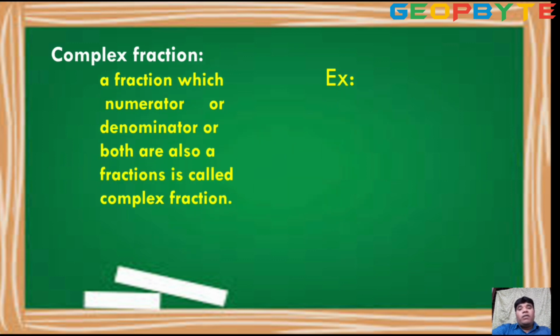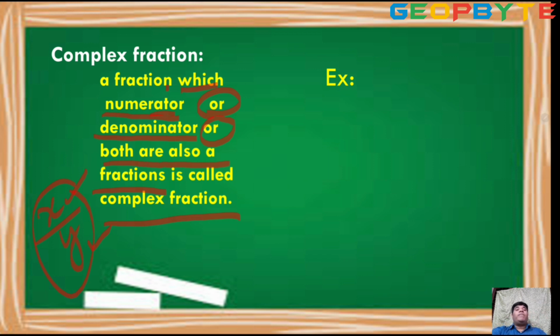Next, complex fraction. A fraction whose numerator or denominator, or both, are also fractions is called a complex fraction. Suppose this is the fraction x by y. Here x may be a fraction, or y may be a fraction, or both x and y are fractions.